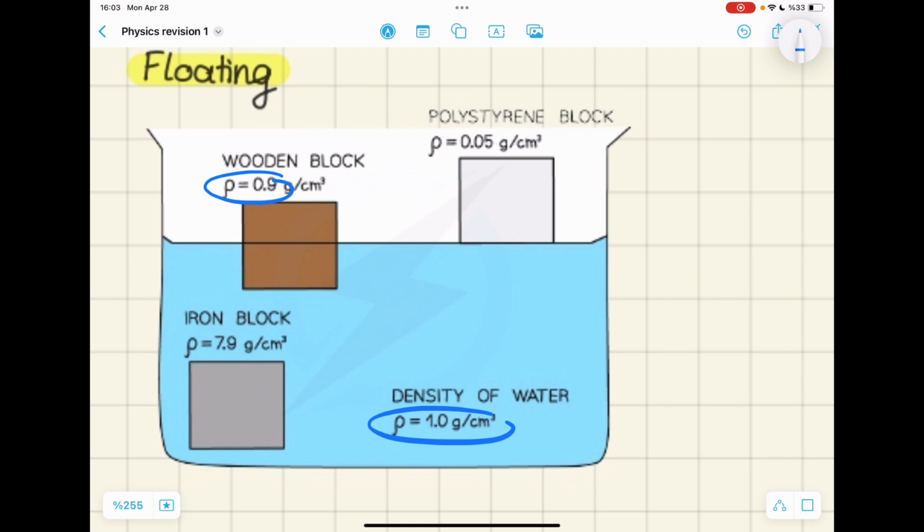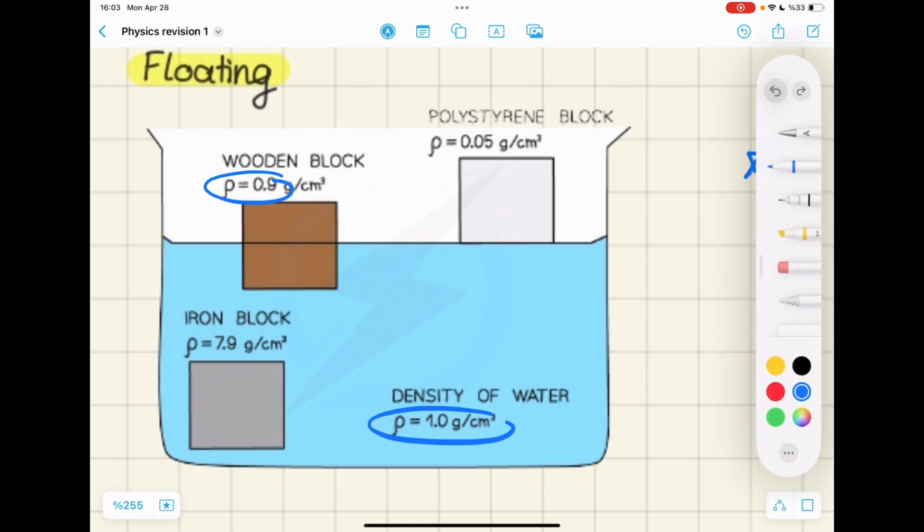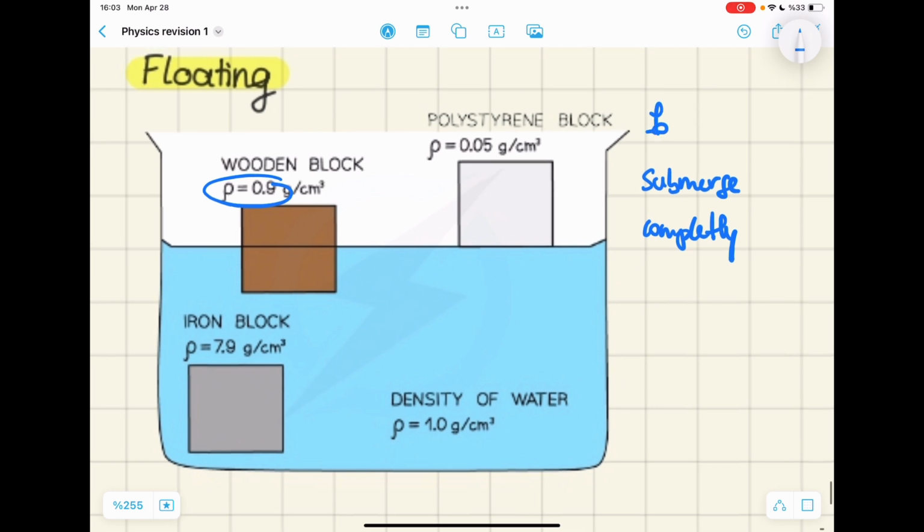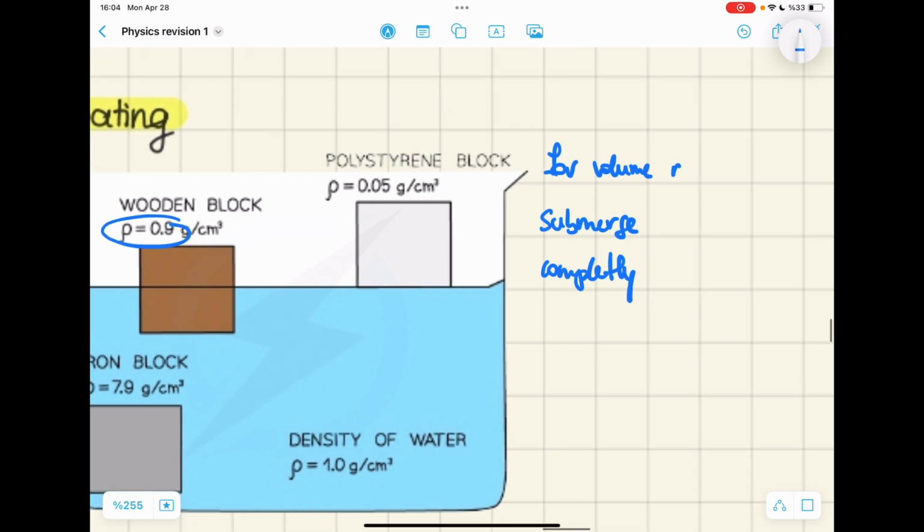An interesting thing here that you need to know is, I'm going to write it like this. So, submerge completely, for volume measurement.